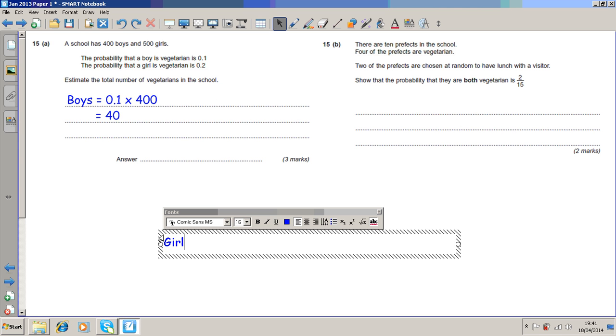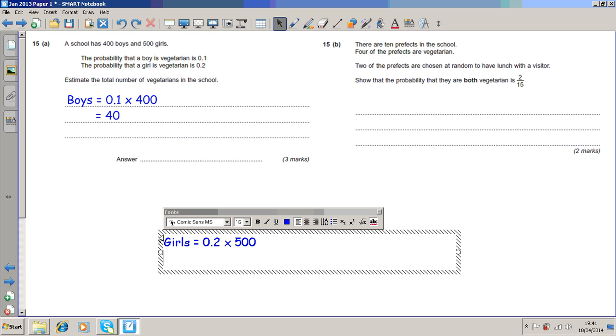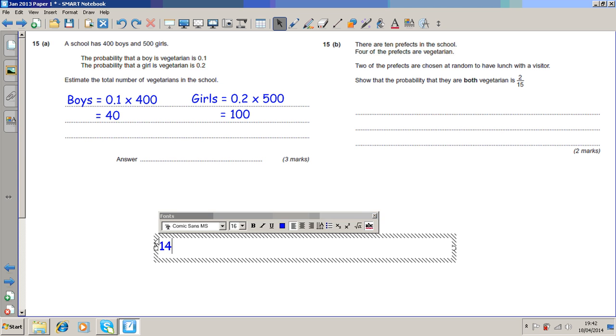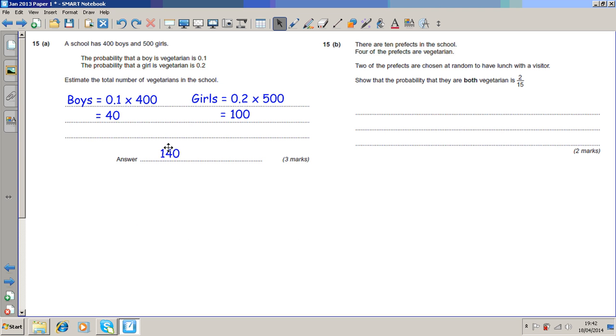And do the same for girls. Girls is 0.2, and there are 500 of them. Well, 2 times 100 is 20, times 5 is 100. So there's 100 girls and 40 boys, so I make that 140 altogether.